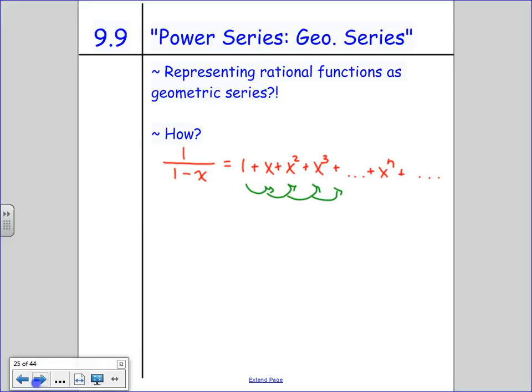So r equals x. So I could say geometric series: my a sub 1 is equal to 1, and my r is equal to x.